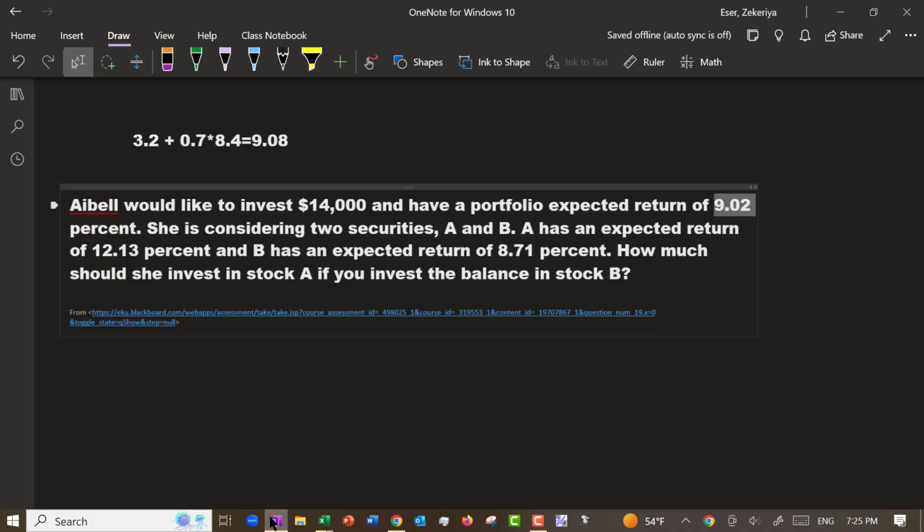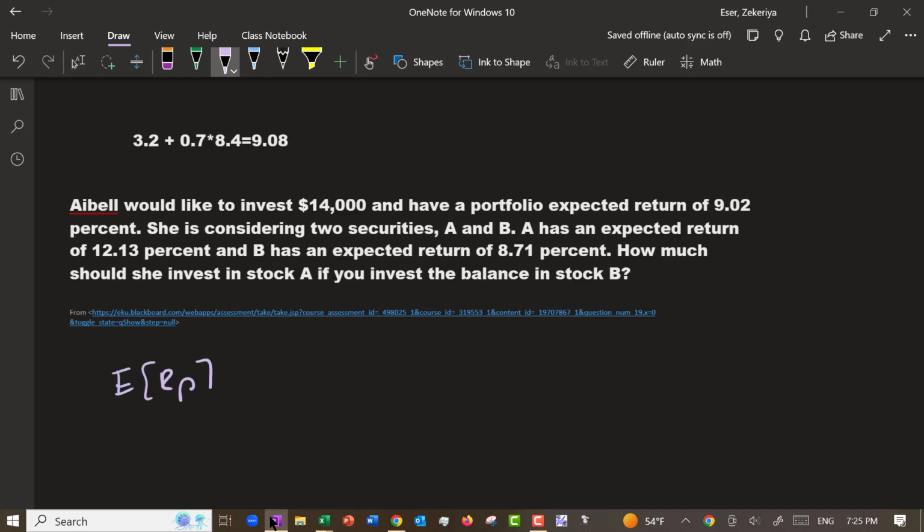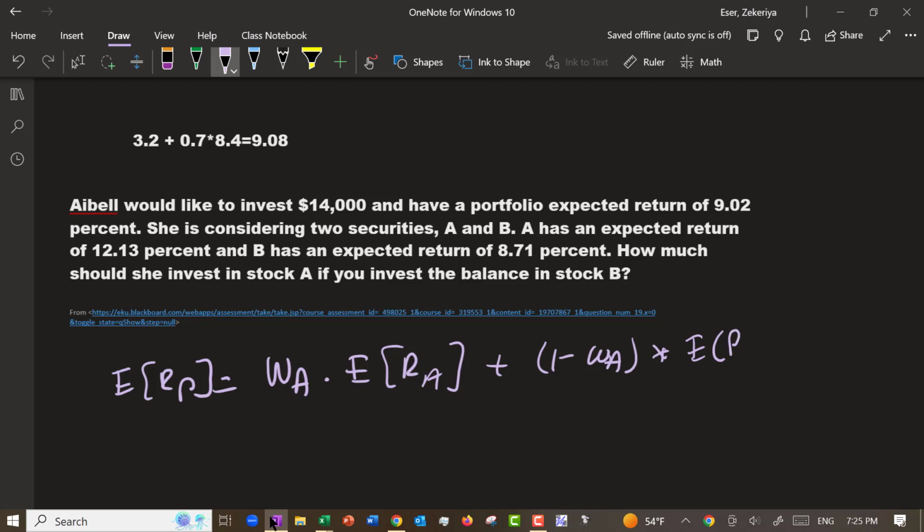If you want to do that algebraically, expected return on the portfolio is equal to weight of A times expected return on A, plus 1 minus weight of A times expected return on B. You want that 902.